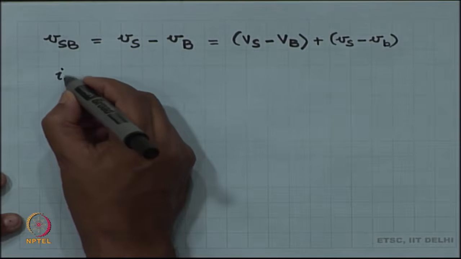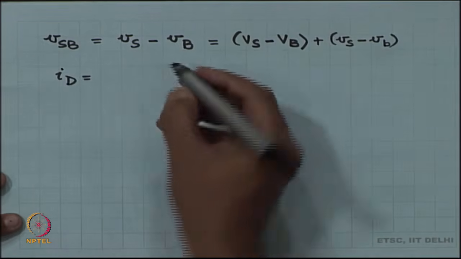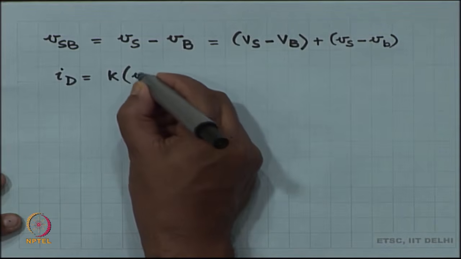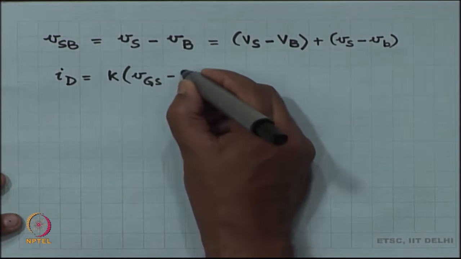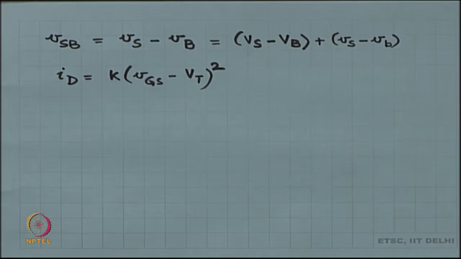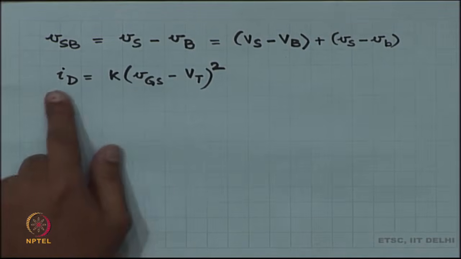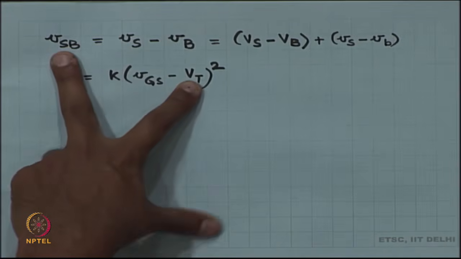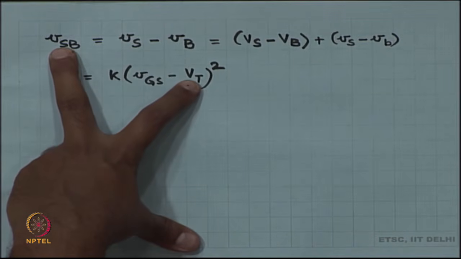And then I know that Id is some function of Vgs minus Vt, let us say k times (Vgs minus Vt) squared. If Vt itself has changed with time, then Id is no longer just a function of Vgs, it is also a function of Vsb.